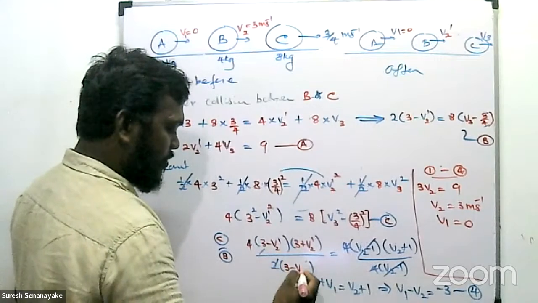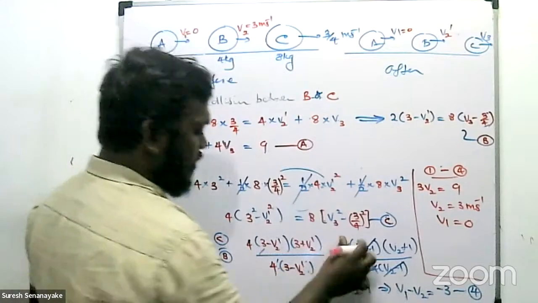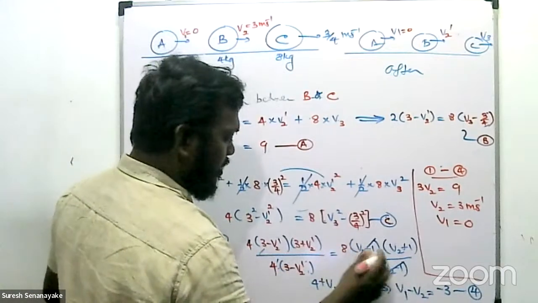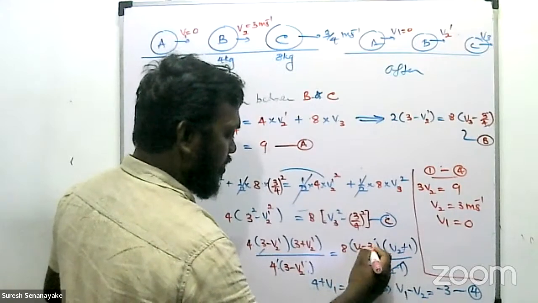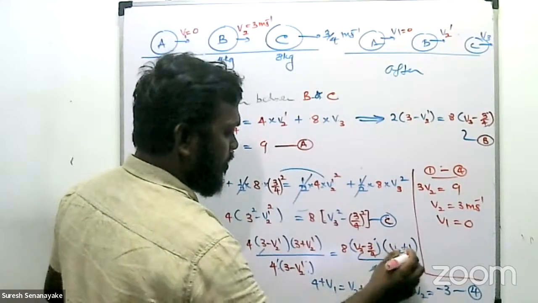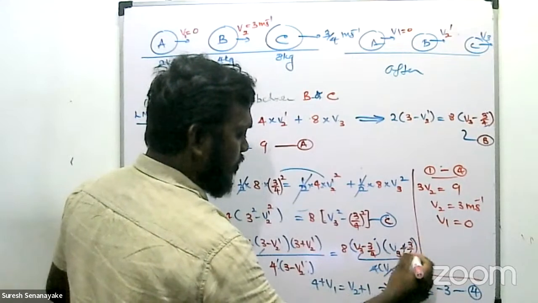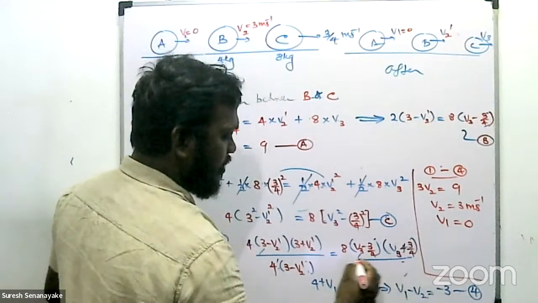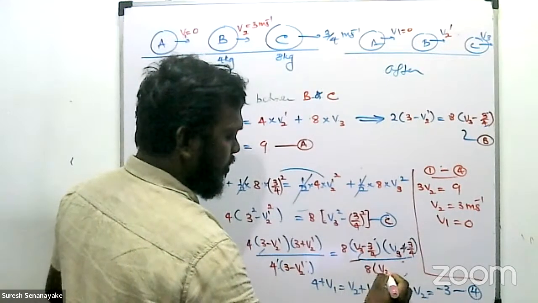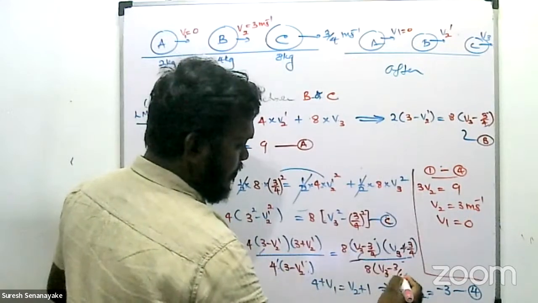3 minus v2 dash. This side 8, the v3 minus 3 over 4 is v3 plus 3 over 4, and here 8, v3 minus 3 over 4 there.